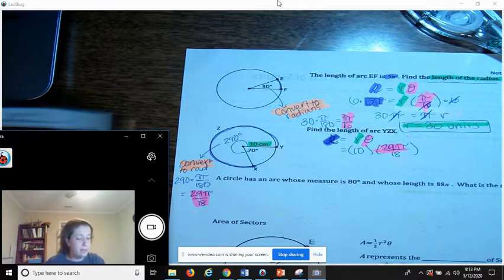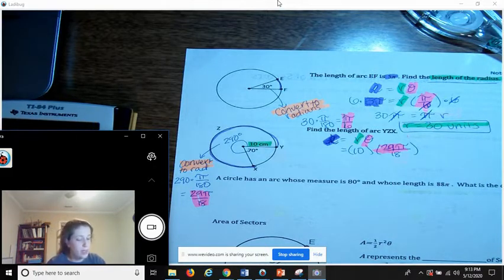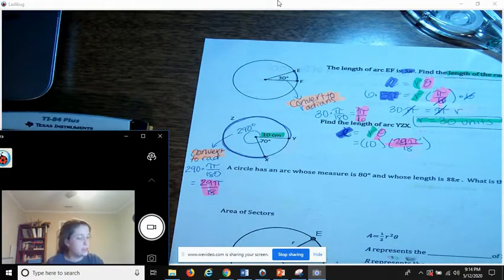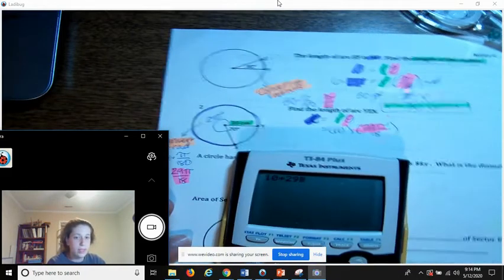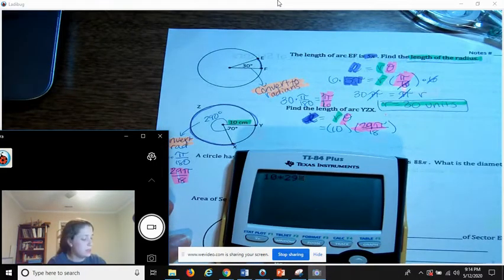So 10 times 29 divided by 18. You guys can't even see my calculator, so it didn't matter that I was doing it. 10 times 29, then divide that by 18, which is on the denominator of this.